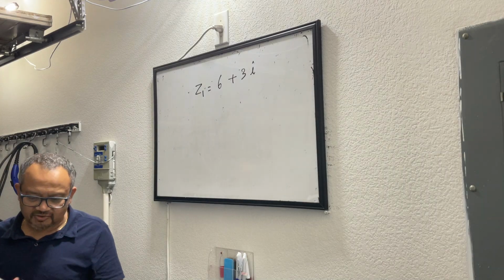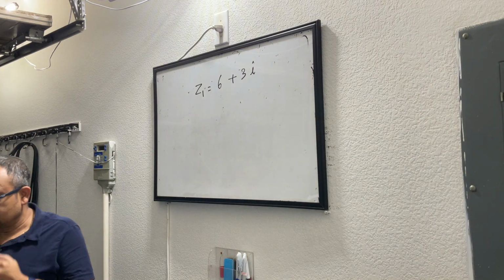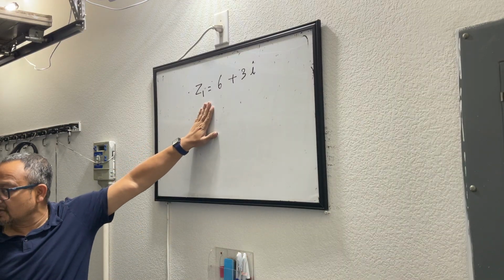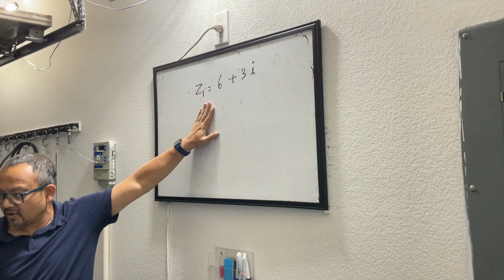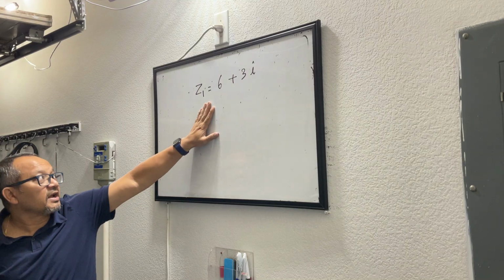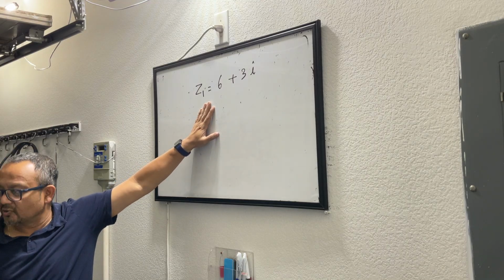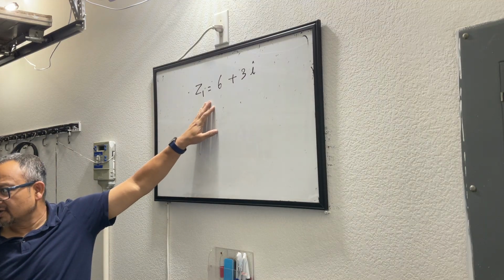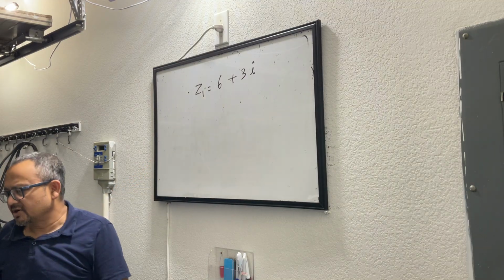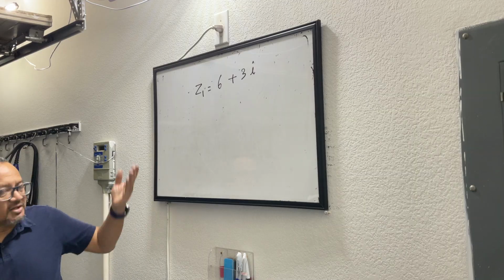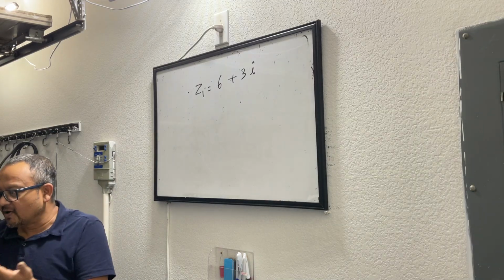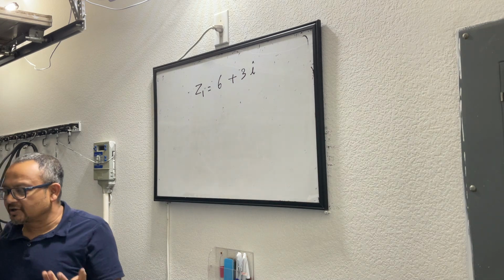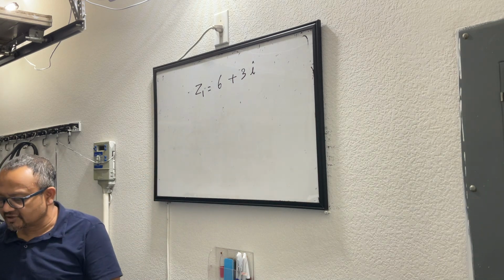Let's see if you are able to do that real quick. We have a complex number in rectangular form. I want you to rewrite that in polar form, and also find the magnitude and the argument, which you'll end up doing anyway, because polar form is written in terms of magnitude and argument only. Once you find them, you can just rewrite this equation in polar form.